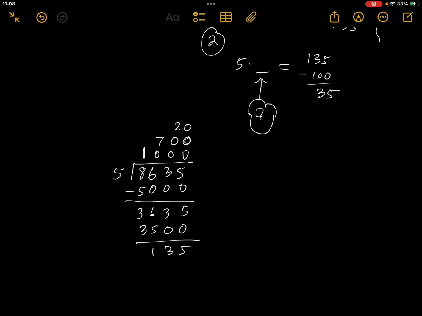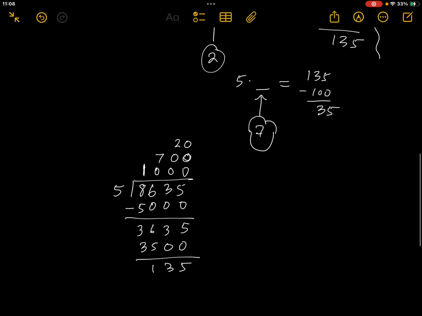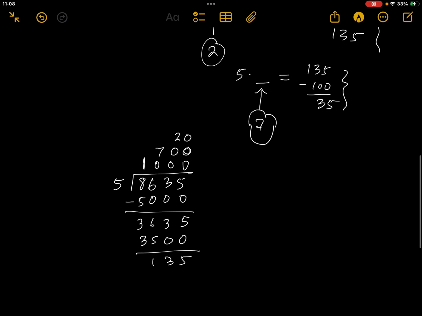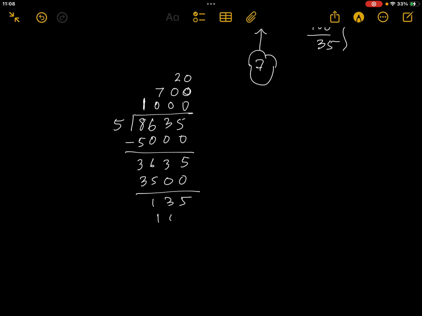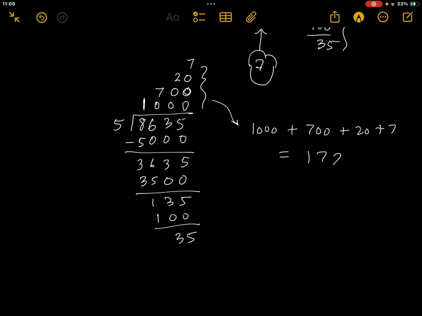It can't be 30 because 5 times 30 is 150, which is too much. And that's what I have here, 135 minus 100. 5 times 20, that's 100, I subtract, I get 35, and then 5 times what equals 35? 7. So what I end up getting is 1,000 plus 700 plus 20 plus 7, which is 1,727.